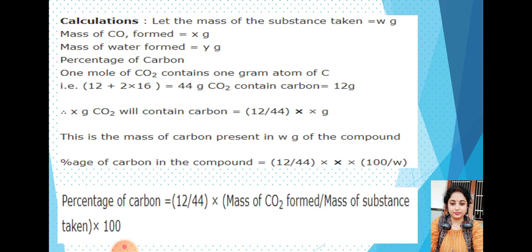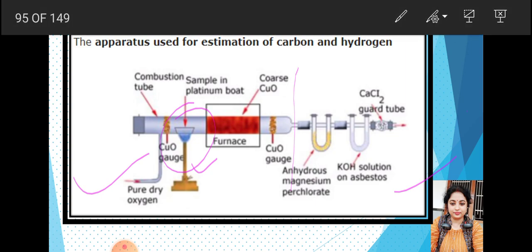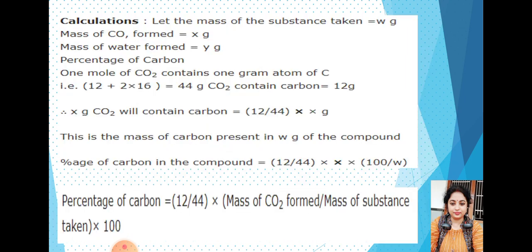The increase in the mass of the calcium chloride tube gives the mass of water formed, whereas the increase in the mass of the potash bulb gives the mass of the carbon dioxide formed. If the mass of calcium chloride is increasing, that gives you the mass of the water, and in KOH, if its mass is increasing, that gives you the mass of the carbon dioxide.